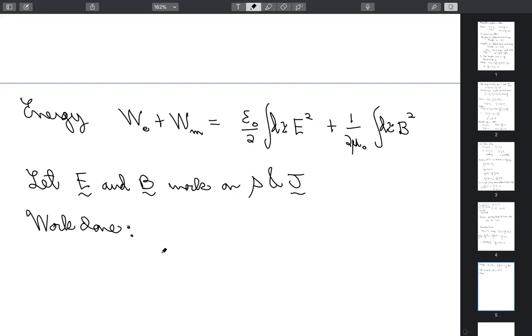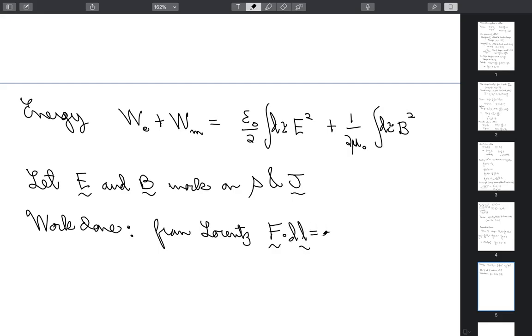Well, the work done would be the integral of the force times the displacement. So let's just consider a little infinitesimal contribution to this. So when we look at the Lorentz force law, we'd have F dotted into dl.